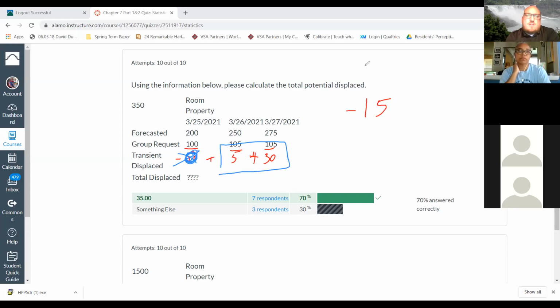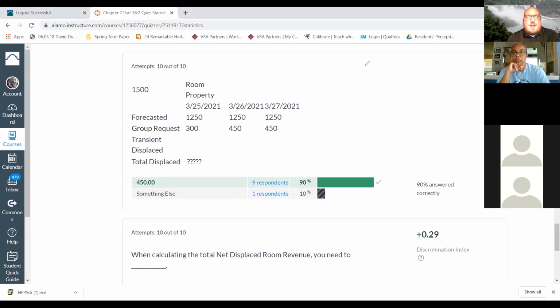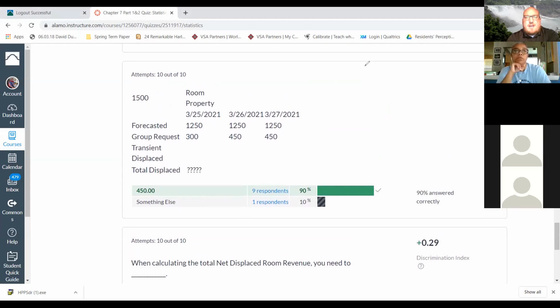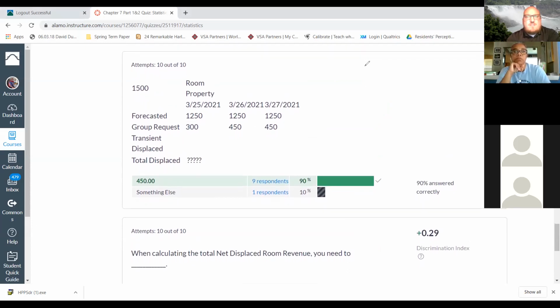Go ahead and write the negative number, and that way you'll see that it's negative, and then just disregard it when you're actually calculating what the total displaced is going to be. Don't just leave it in your head as a 0. Go ahead and actually write the negative number. Right. So then we had something else on this one. Let's figure out this one right here. Okay.